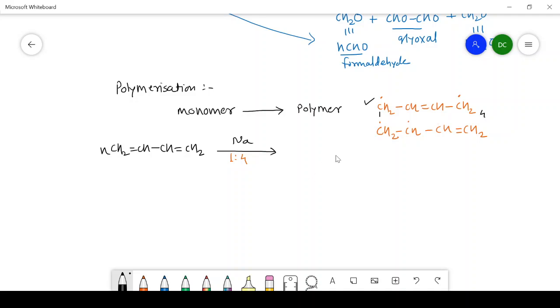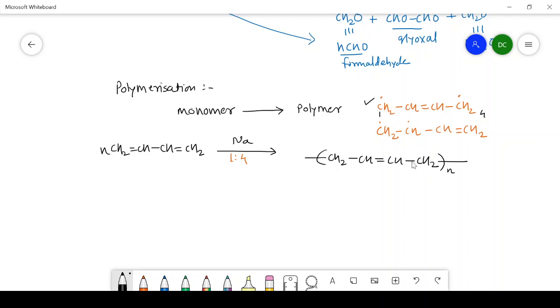And this longer chain we can write like this: CH2 CH double bond CH, here I will put CH2, this is a bond, and here I will put a bracket, and outside the bracket I will write n.